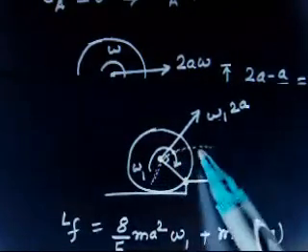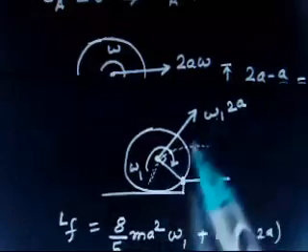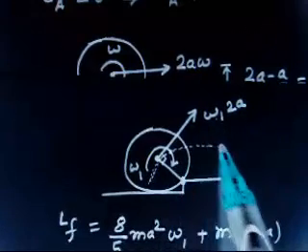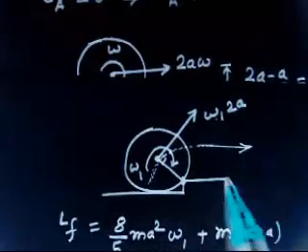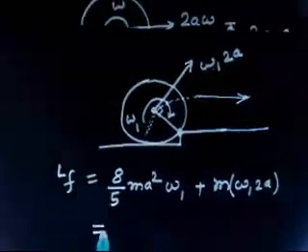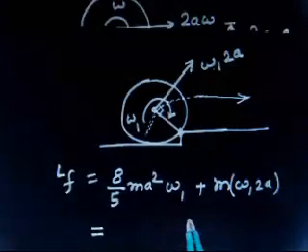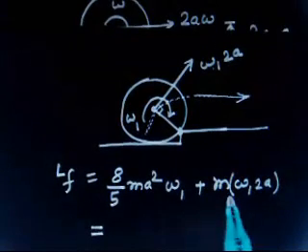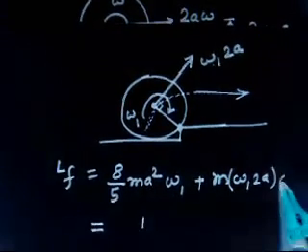So velocity at each point will be perpendicular to this, tangent to this circular path. When it reaches here, velocity becomes parallel to this line. Are you getting or not? So this time L finally will have 8 by 5 plus 2, so 10 plus 8, 18, and this is omega 1 also.